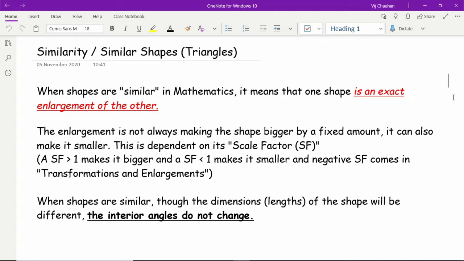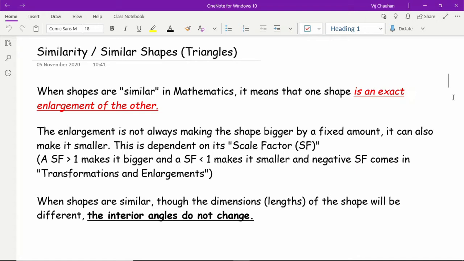And if you're dealing with a negative scale factor, you could be making it bigger or smaller depending on the actual digit, but the negative sign basically means that it's being rotated in the complete opposite direction. Now that negative scale factor is not something that really comes into this particular topic. That's more seen in higher level transformations and enlargements, which is a completely separate topic.